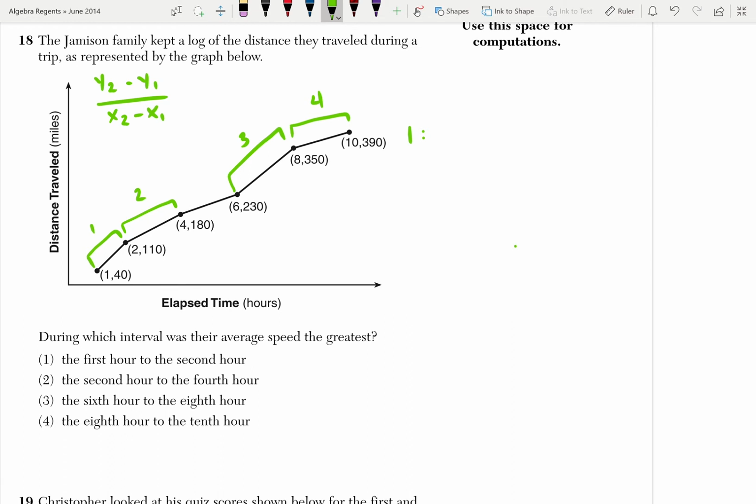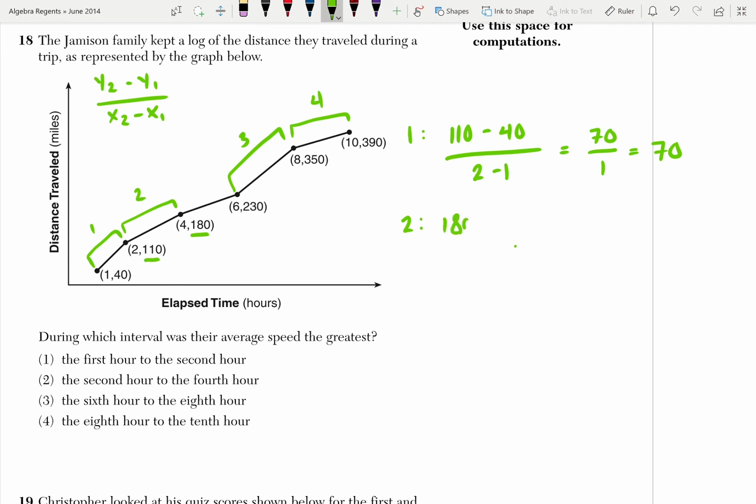Our y2 is 110 minus our y1 of 40, divided by 2, which is our x2 term, minus 1, which is our x1 term. So that gives us 70 over 1, which is just 70. Now let's look at interval 2. Again, y2 is 180, y1 is 110.